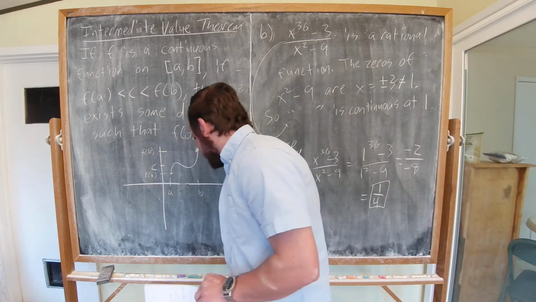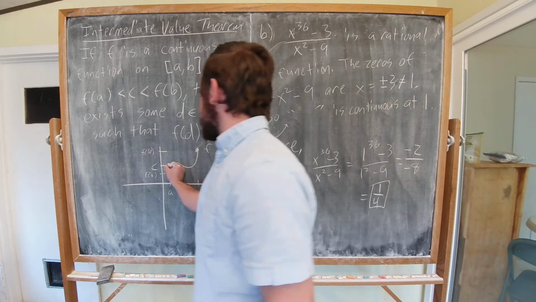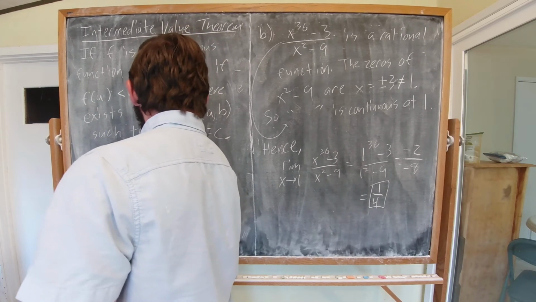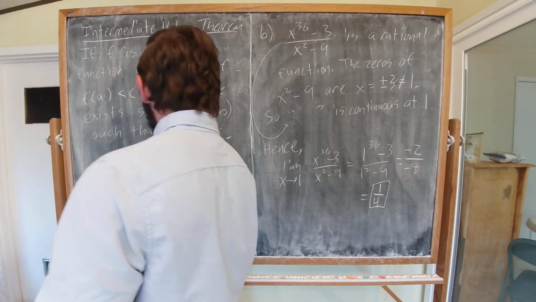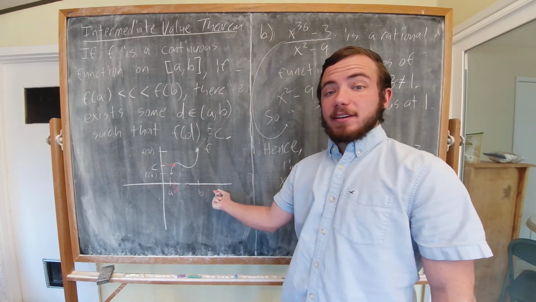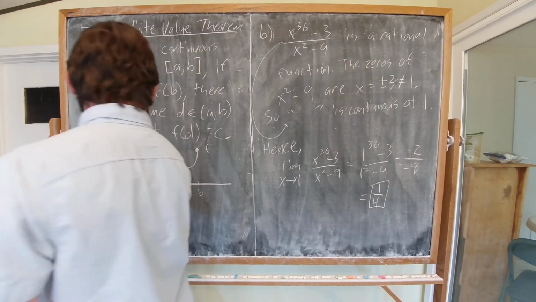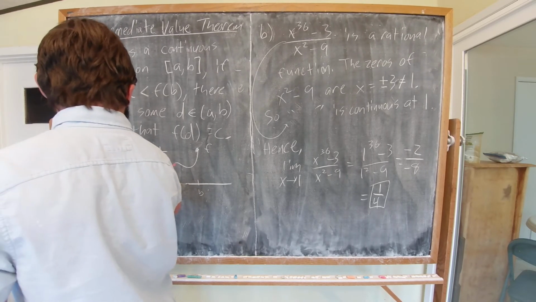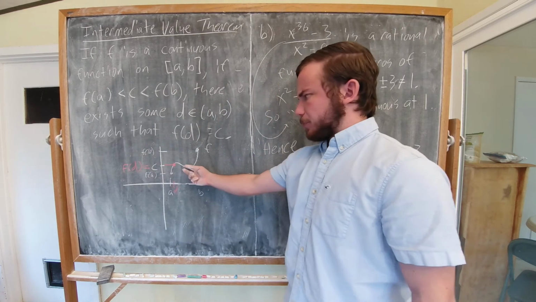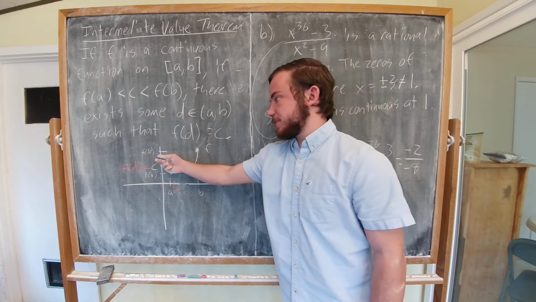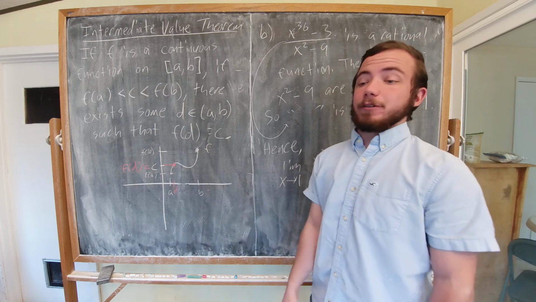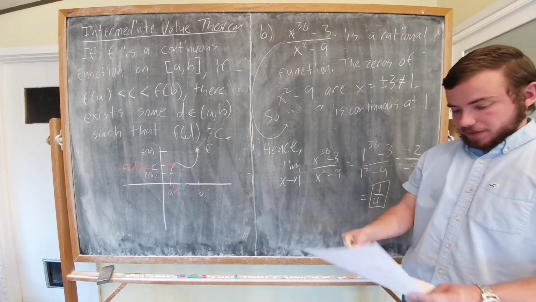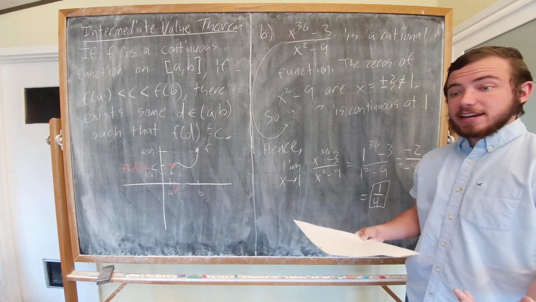And what this tells me is that I'm guaranteed that there exists a d in between a and b such that c is also f of d. In fact, there's multiple points for this c, but if I picked maybe c up here, then there would have only been one. Yeah, so that is what the intermediate value theorem states.